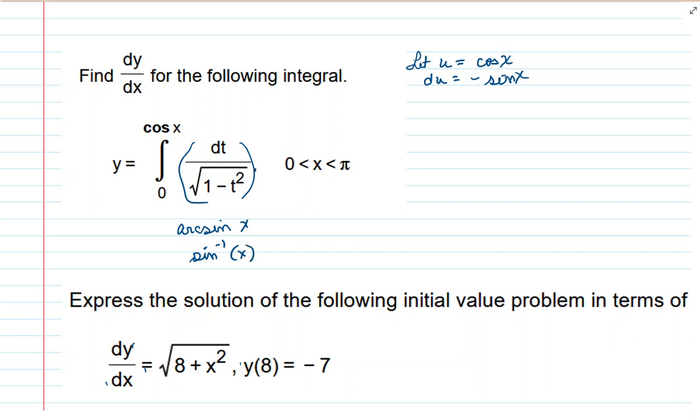So we can state that when we do this, we're going to have the sine inverse of x dx, because we're doing dy dx.